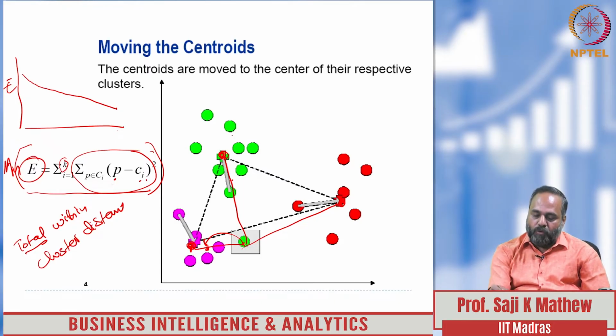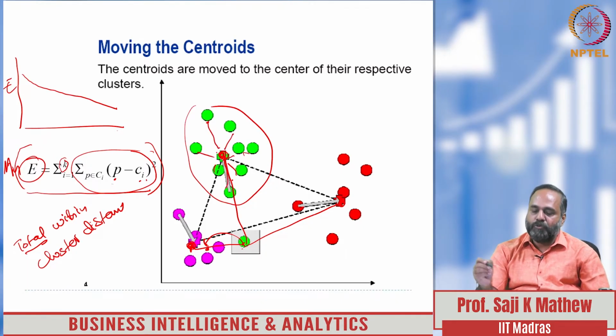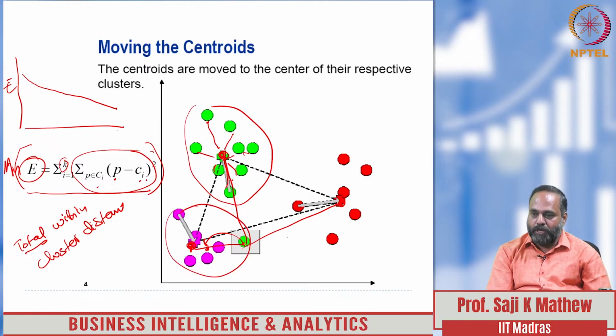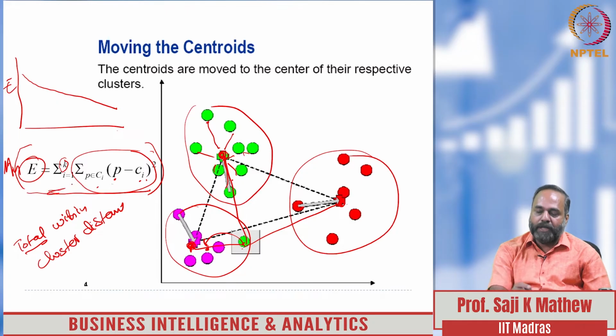So, for this particular cluster, the P minus Ci would be the distance of this point to the centroid, all squared. That would be the sum of squares for one cluster, k equals 1. For k equals 2, you go here, find the total error. For k equals 3, you go here, find the total error with respect to the centroid. Sum that up, and that is the total error.